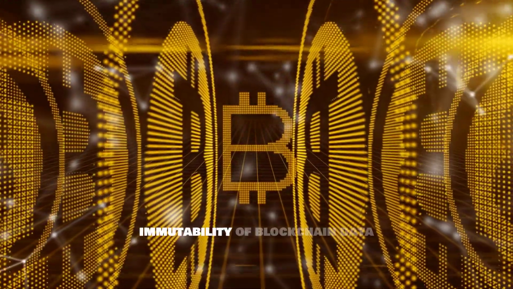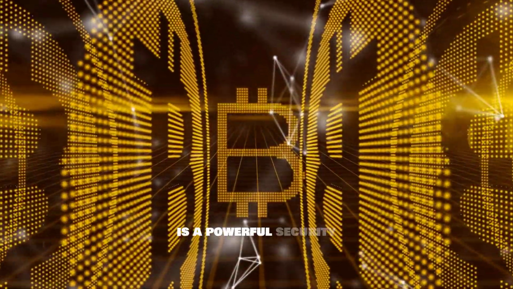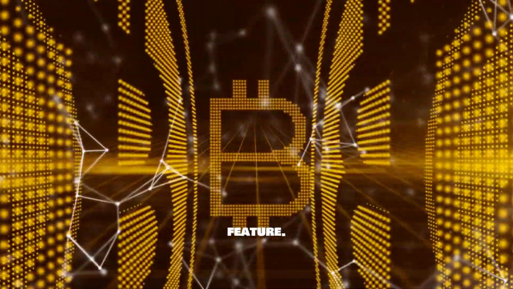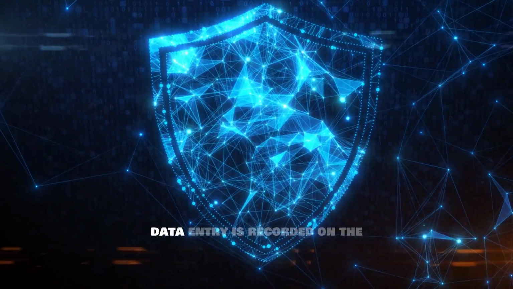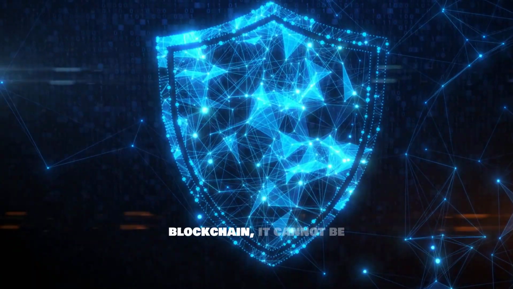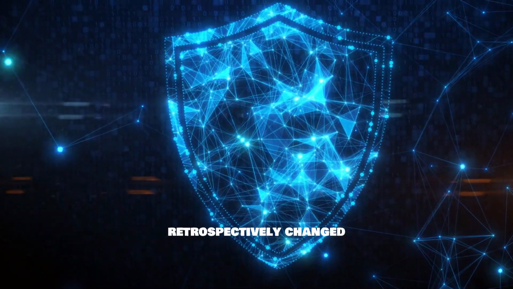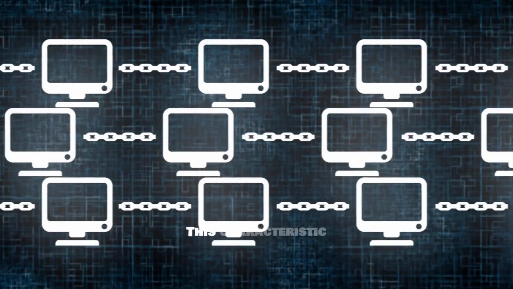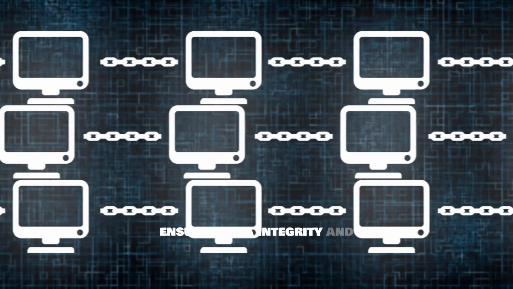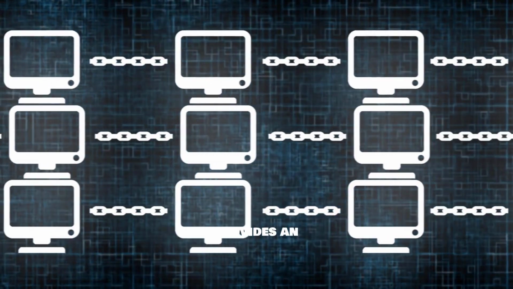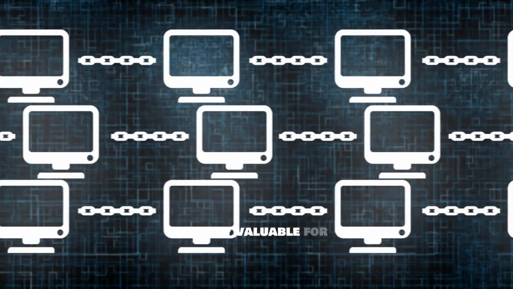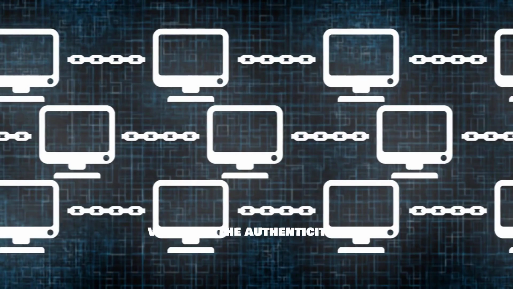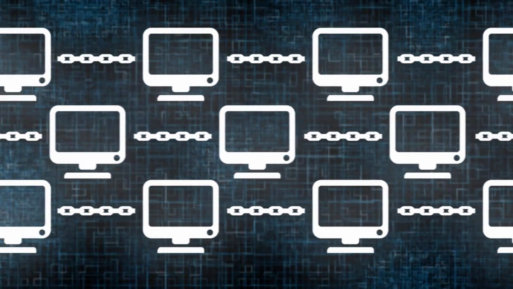Secondly, the immutability of blockchain data is a powerful security feature. Once a transaction or data entry is recorded on the blockchain, it cannot be retrospectively changed or deleted. This characteristic ensures data integrity and provides an unalterable audit trail, making it highly valuable for verifying the authenticity and provenance of information.